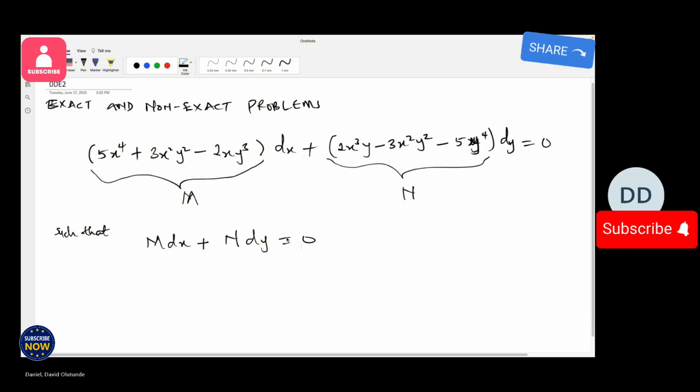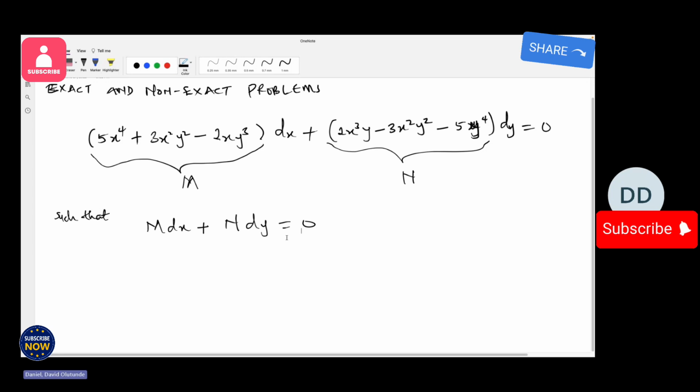Looking at the problem we have here, let's rewrite. So this is our M and this is our N. Let me use a blue pen.